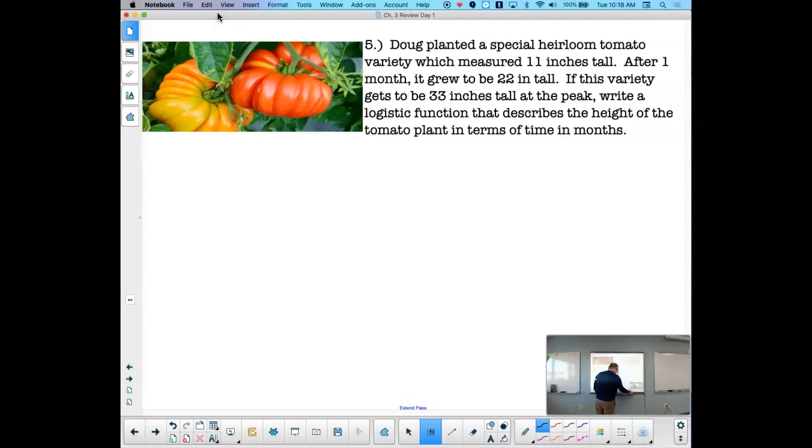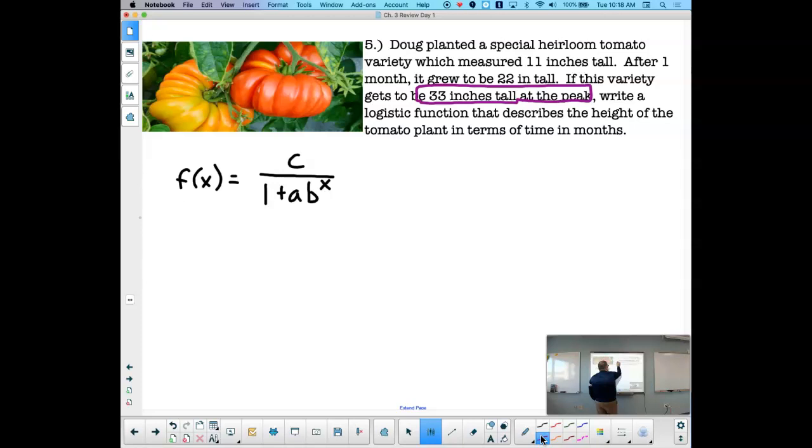All right, so our logistic function would be of the form f of x equals c, our limit to growth, over 1 plus a b to the x power. The limit to growth, that's going to be this one right here at its peak.